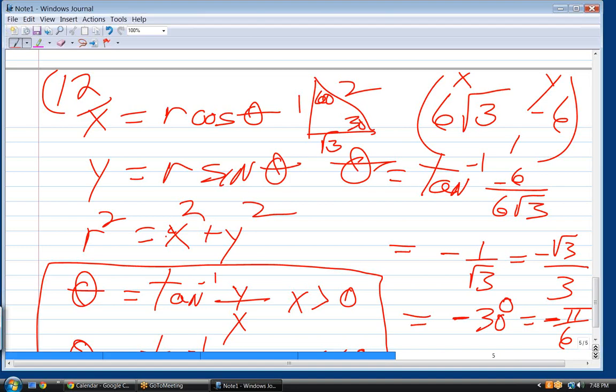Yes. However, it's important to understand that when you use your calculator and you put inverse tangent of a negative number, it's going to give you the negative angle. It's not going to give you 5 pi over 6. It's going to give you minus pi over 6.